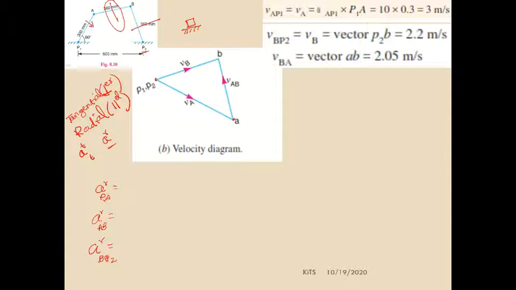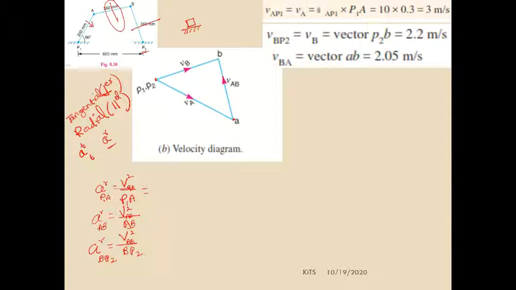So first, the P1A radial value. The formula for that is velocity of P1A squared divided by the length of P1A. Similarly here, velocity squared of AB divided by the length of AB, and velocity squared of BP2 divided by the length of BP2.